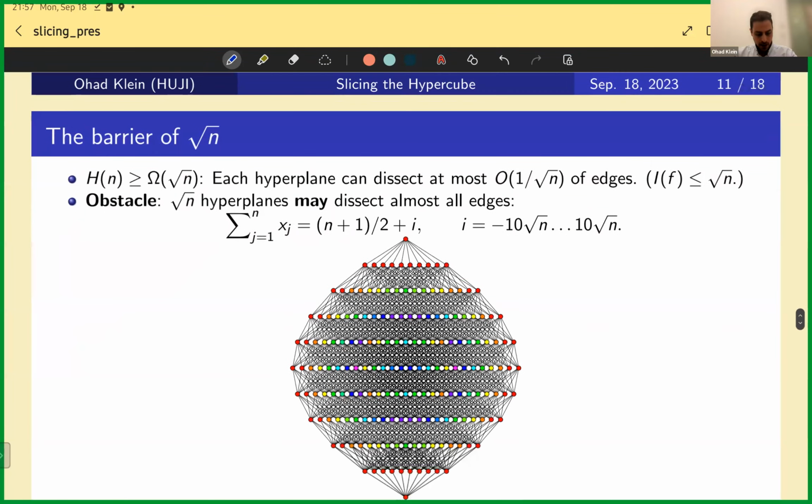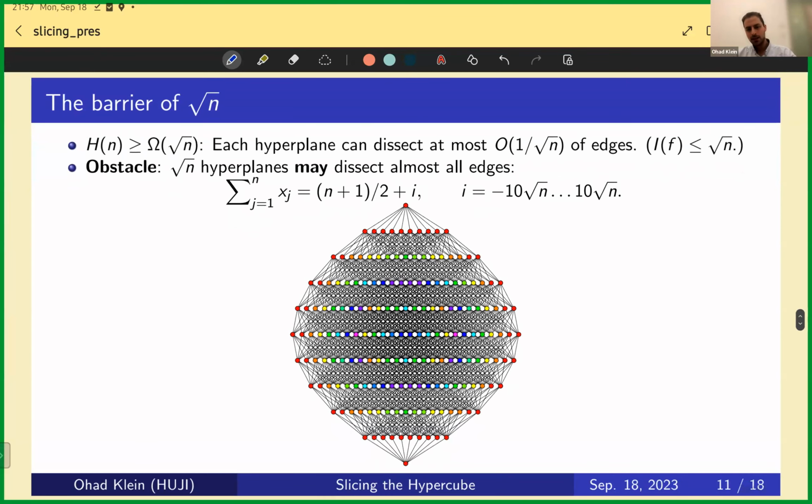And now the obstacle to go above this lower bound of square root of n is that in fact we can define square root of n hyperplanes that dissect most of the edges of the hypercube. So in this example, if we partition the hypercube according to the Hamming weight of each point, so x are grouped by the Hamming weight of x.